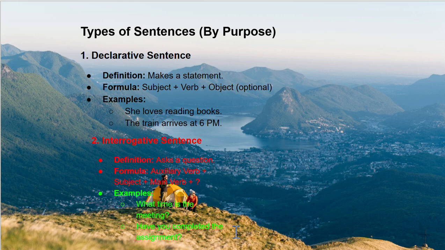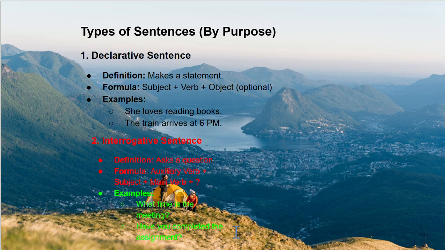Before I said object is optional, but for making a beautiful sentence you can use an object. The example: she loves reading books. She is the subject, loves is the verb, and books is the object. The train arrives at 6 p.m. The train is the subject, arrives is the verb, and at 6 p.m. is the object.